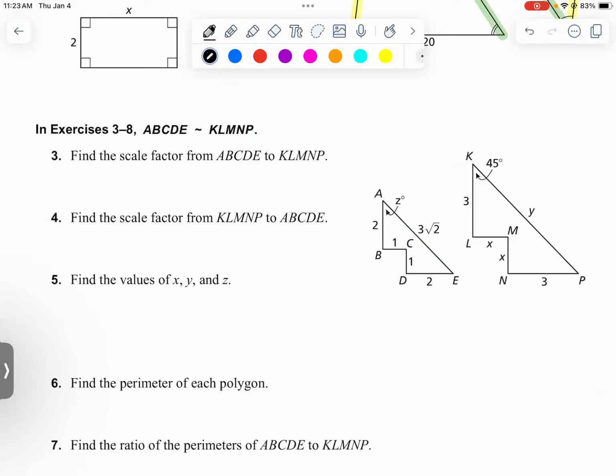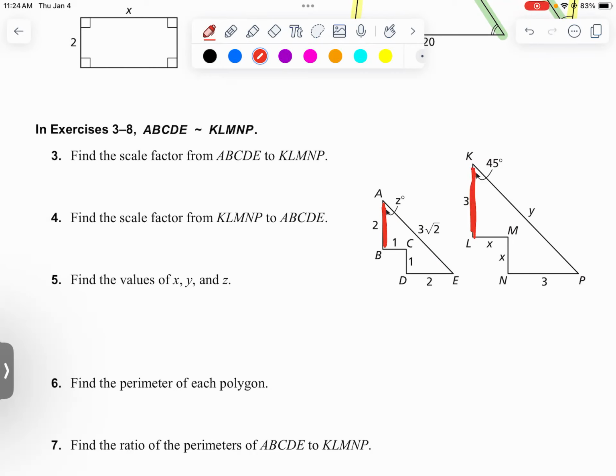Okay, now let's talk about the scale factor. What is the scale factor from ABCDE to KLMNP? So let's pick 2 sides that correspond. I see AB right here and KL.